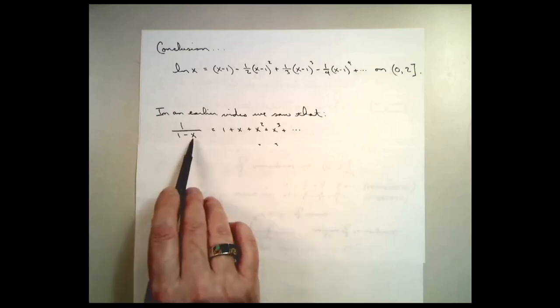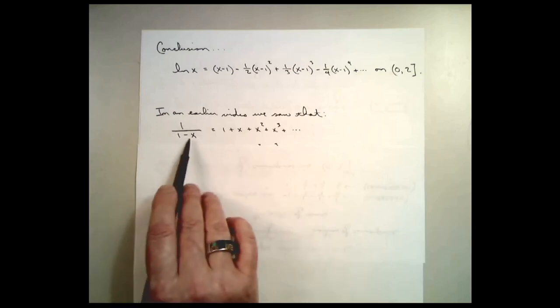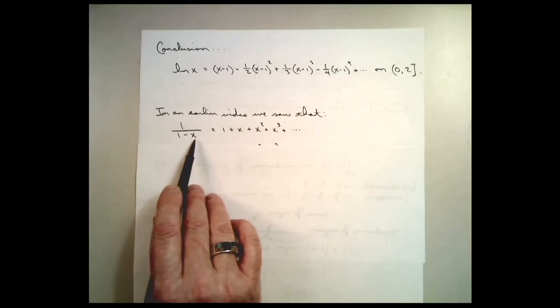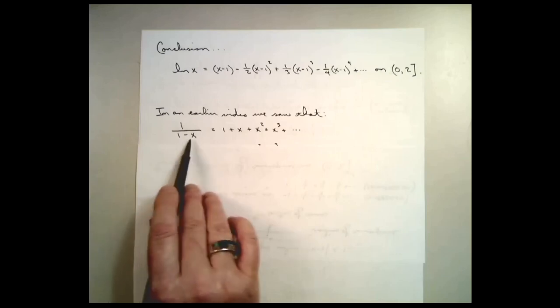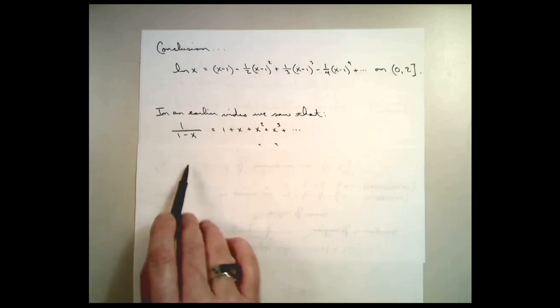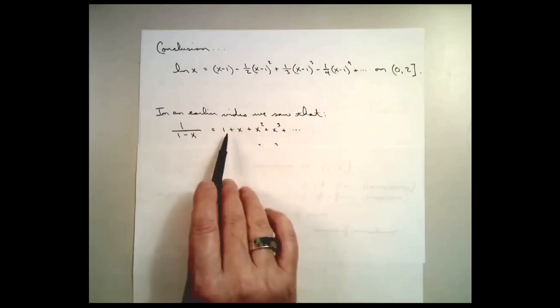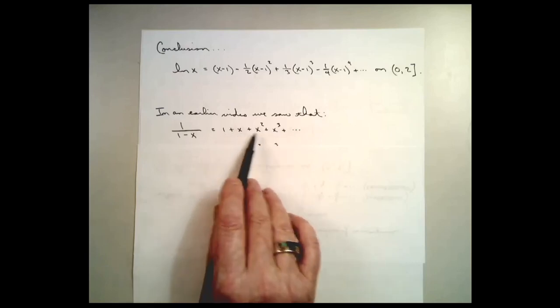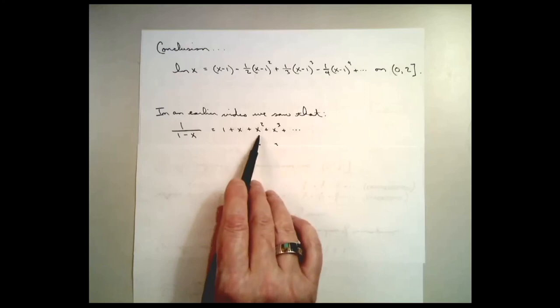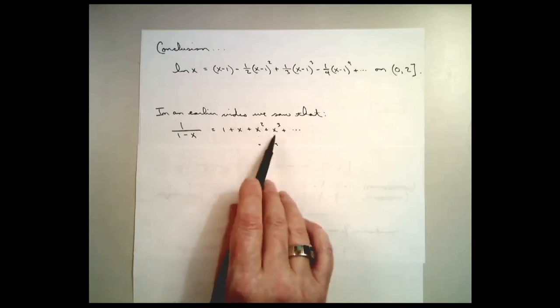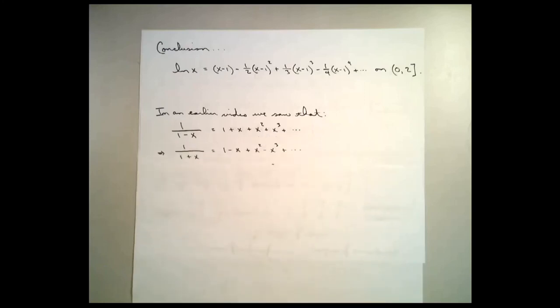Well, if I replace this x with negative x, I'm going to have 1 over 1 plus x, right? 1 minus a negative x is 1 plus x. And whenever I replace all of these x's with negative x's, I'll have 1 minus x. Well, negative x squared is the same as positive x squared. And then I'll have negative x cubed and so on.